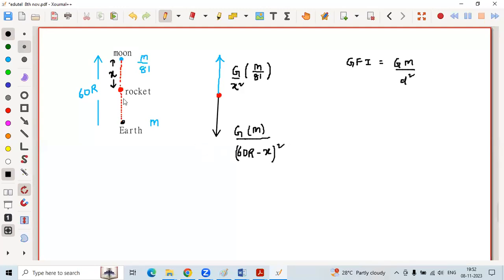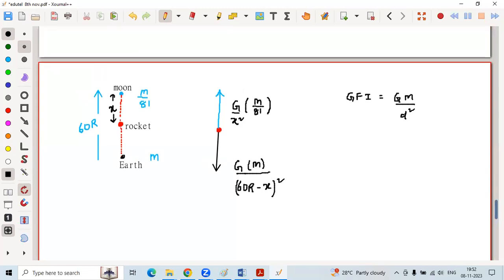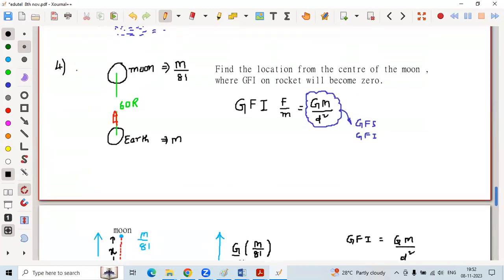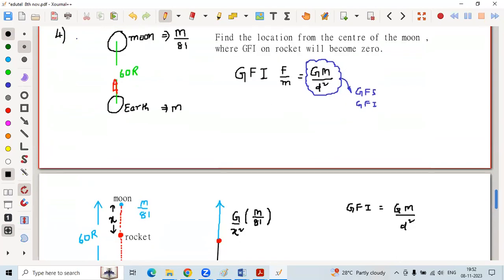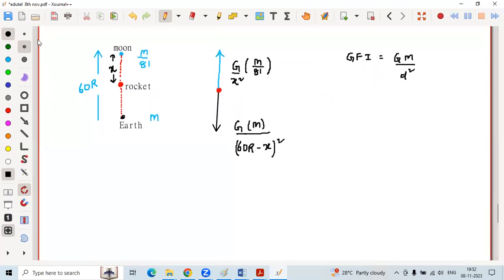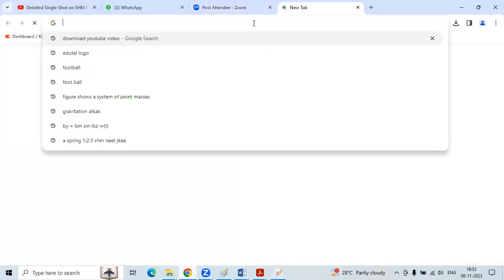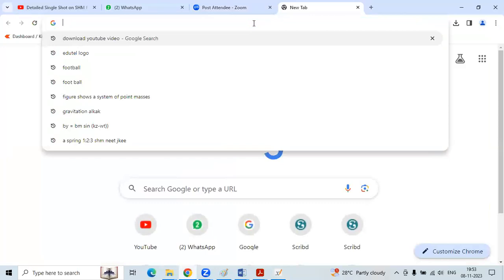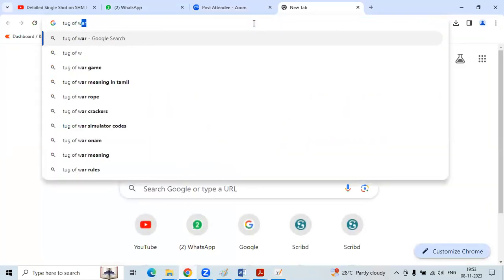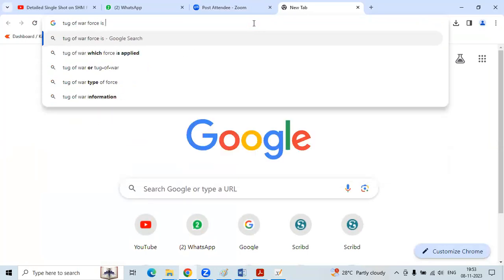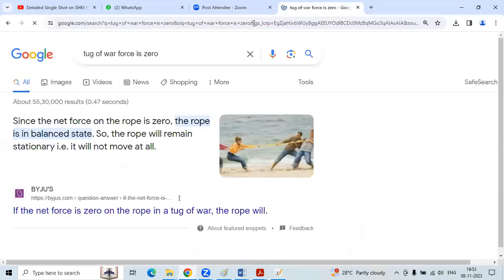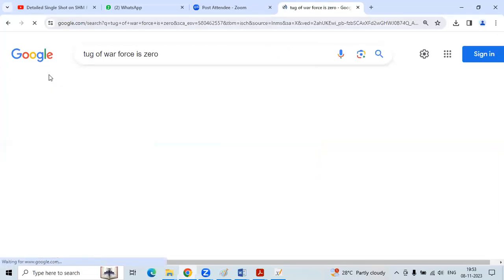So the question is, find the location where the gravitational field intensity on the rocket will be 0. But this is like a tug of war. Do you know tug of war? See the tug of war.